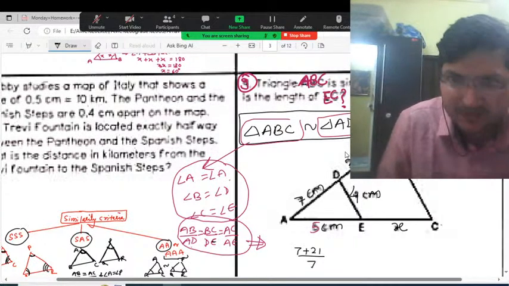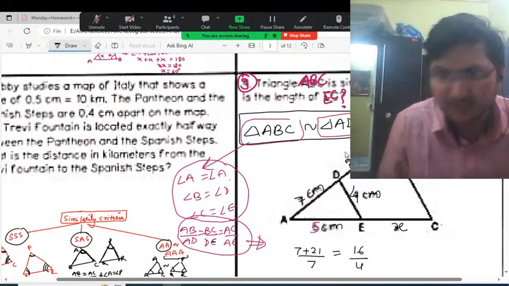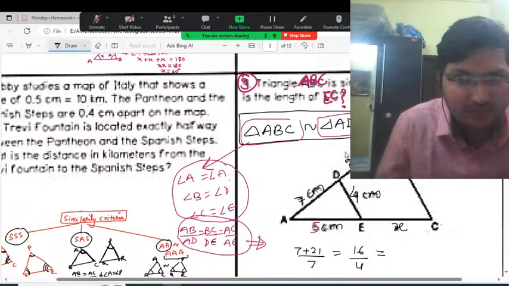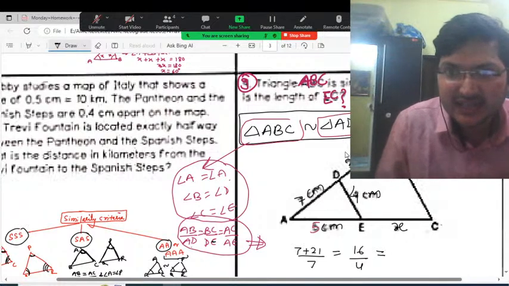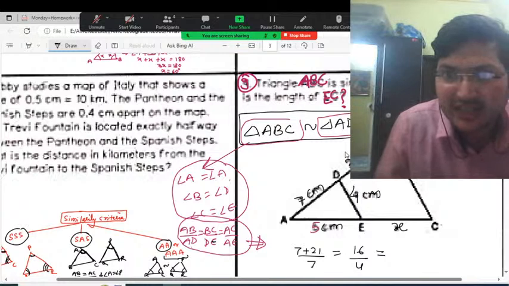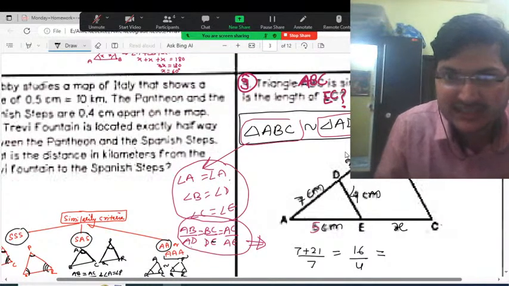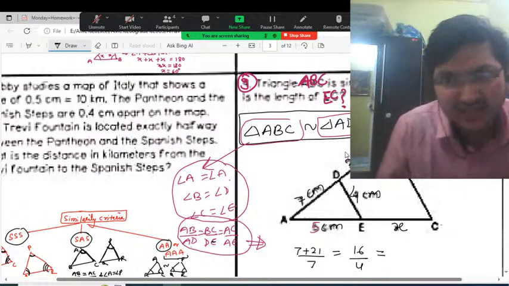BC is 16 over DE is 4. And also the third one is AC over AE. And DE is here. And AC over AE is also here.